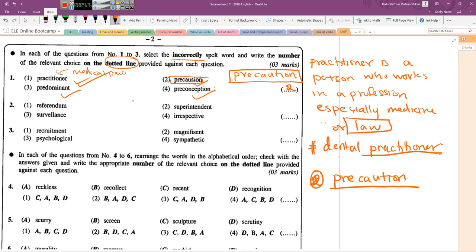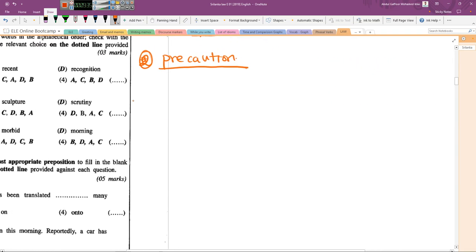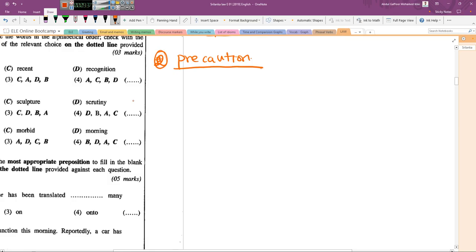So now we will just look at the dictionary definition and the example sentences given in the dictionary, right? So precaution is something that is done in advance in order to prevent problems or to avoid danger, right? So let me write down the meaning of this word here.